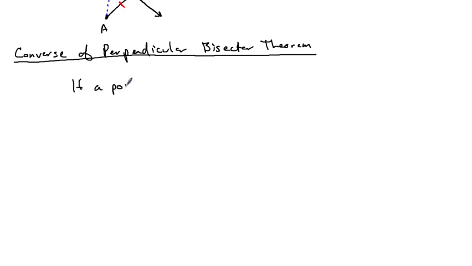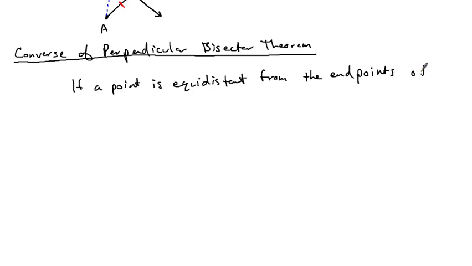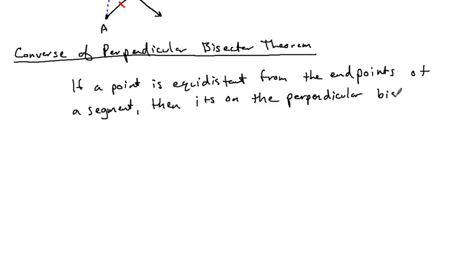So if a point is equidistant from the endpoints of a segment, then it's on the perpendicular bisector of the segment.